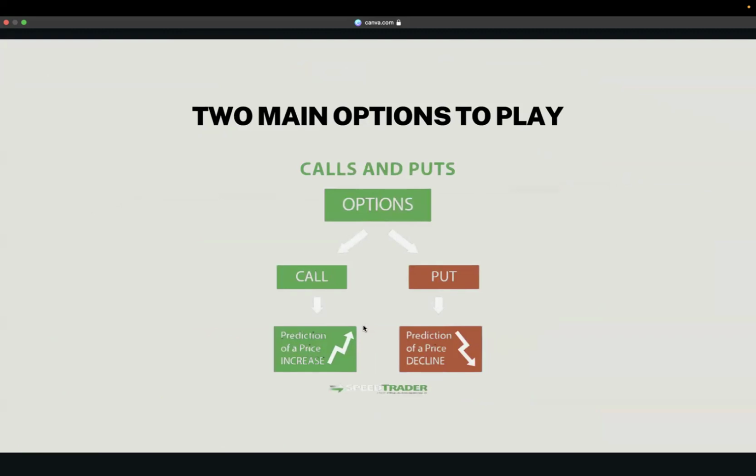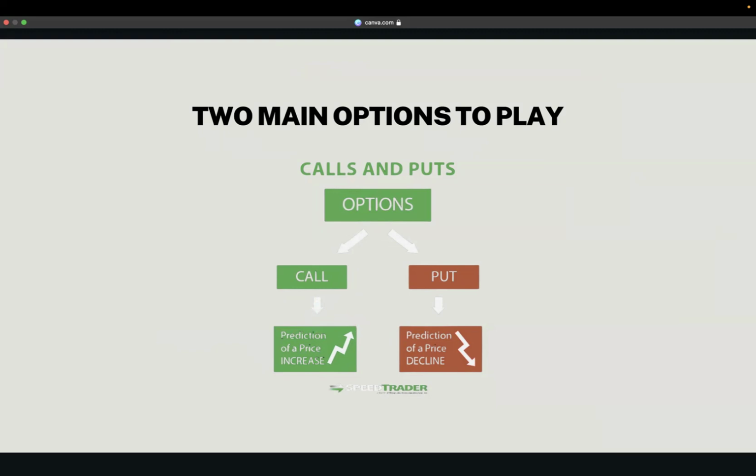So there's two main that we use, calls and puts. Calls are your prediction that the price is going to go up, and puts are the prediction that it's going to go down. A key to know in all this, and this helps as you get more familiar with it, is that the price, for either direction you're predicting, just needs to be going in that direction.